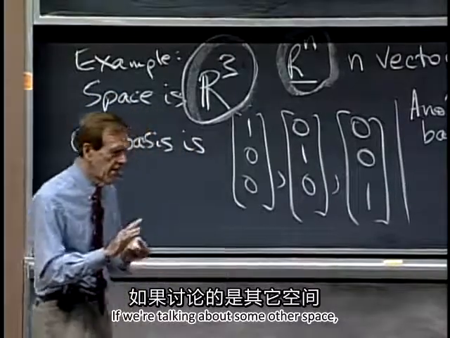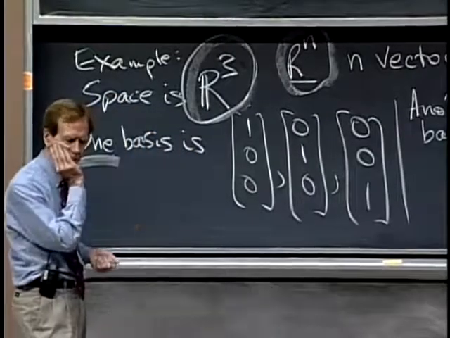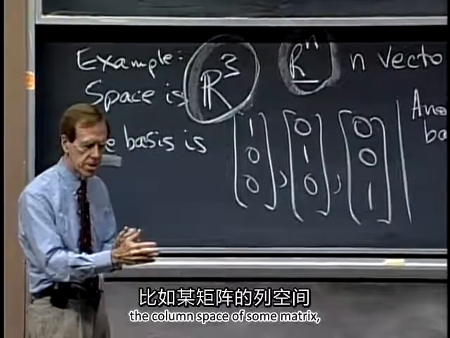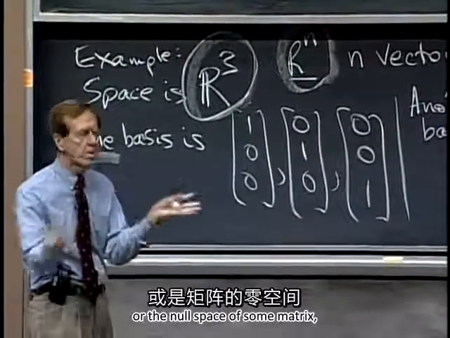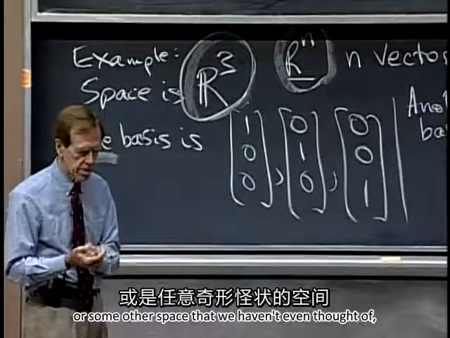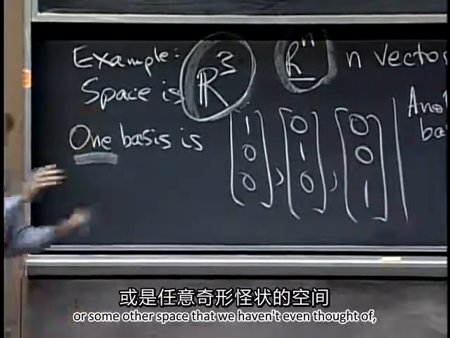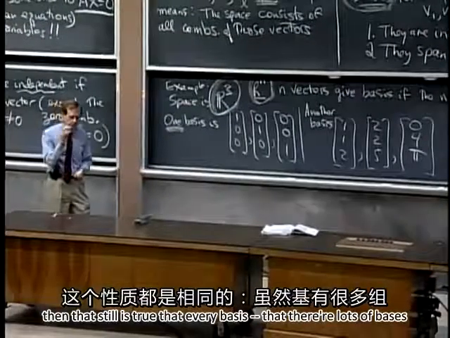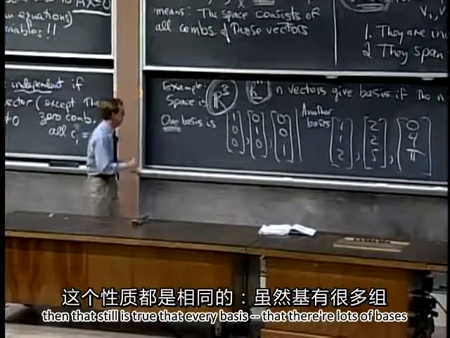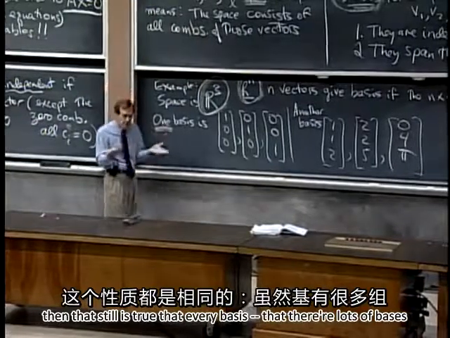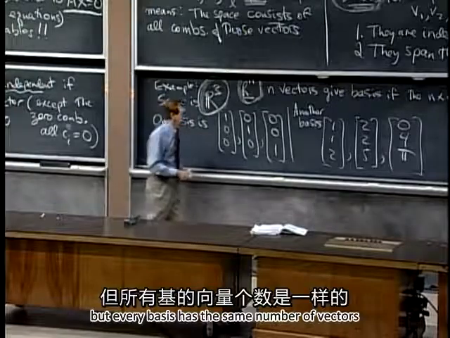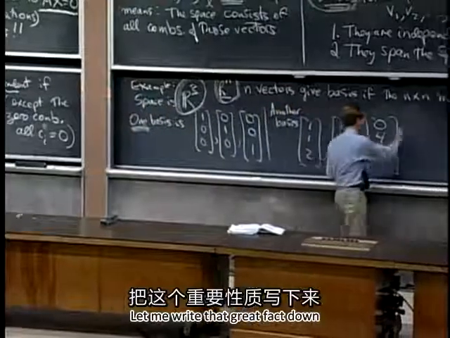If we're talking about some other space, the column space of some matrix, or the null space of some matrix, or some other space that we haven't even thought of, then it's still true that there are lots of bases, but every basis has the same number of vectors. Let me write that great fact down.